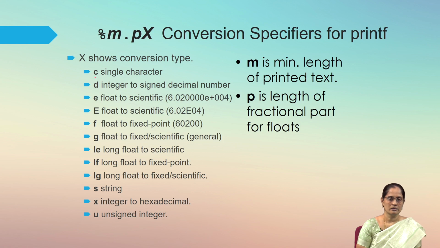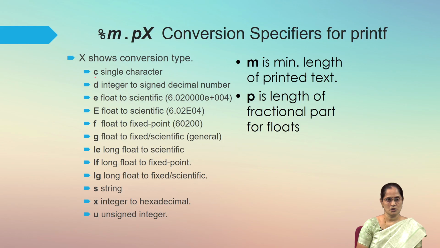For example, c prints a single character. d is for a decimal number, e is for scientific notation of a floating point value, and uppercase E can also be used. f is for a fixed point floating point value, g is for fixed point or scientific value, le stands for long float, lf stands for long float fixed point, lg stands for long float either fixed or scientific, s stands for string, x stands for integer to hexadecimal conversion and u stands for unsigned integer.